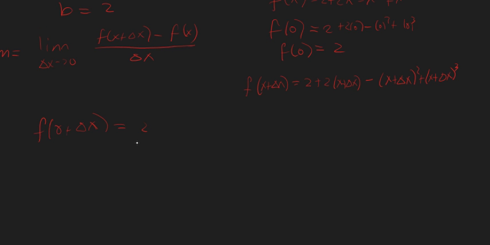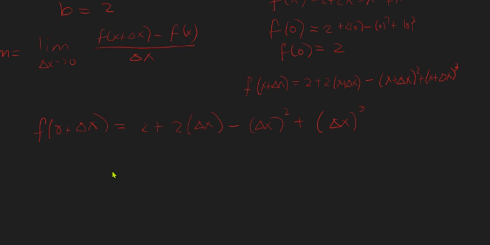So this will be 2 plus 2 times 0 plus delta x, or just delta x, minus 0 plus delta x, that's delta x squared, plus 0 plus delta x, that's delta x cubed.